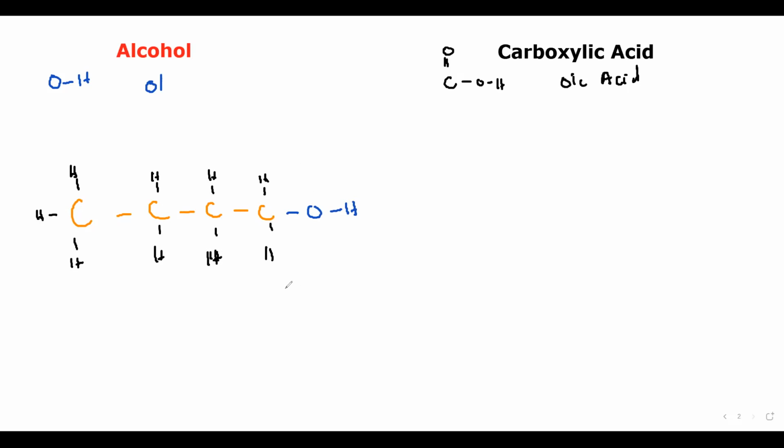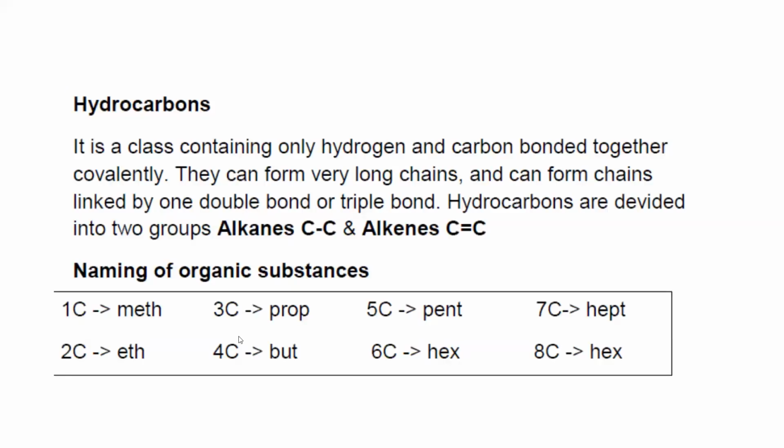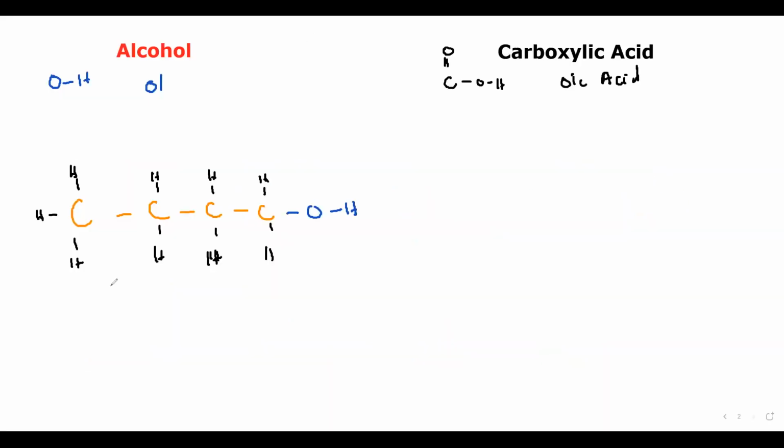How to name? 4 carbon atoms are there, so you have to again check for 4 carbon atoms what we call. If a compound contains 4 carbon atoms, we call that as but. So for 4 carbon atoms, it will be but.